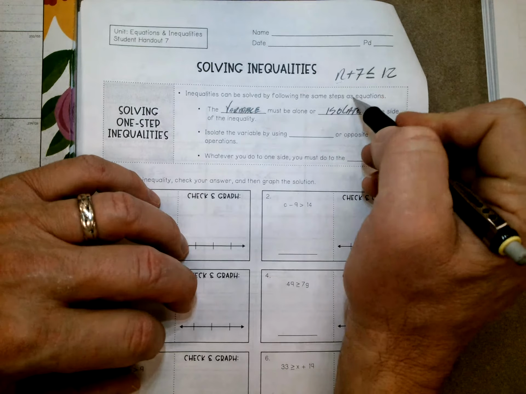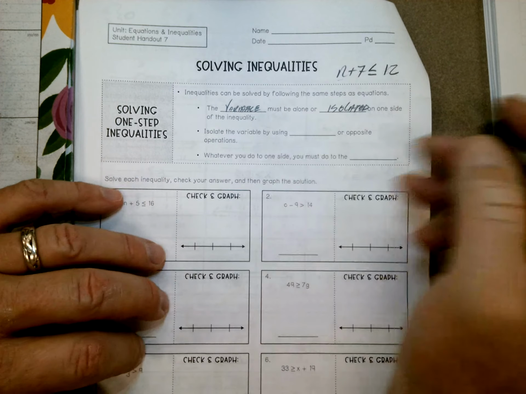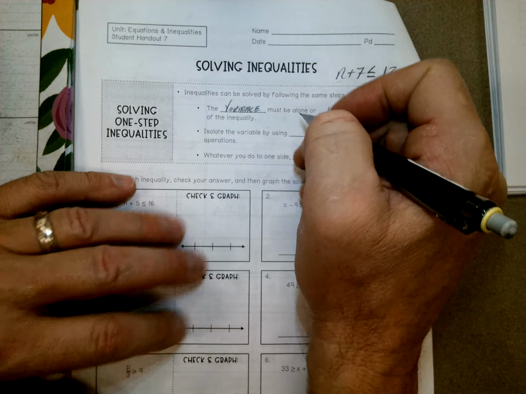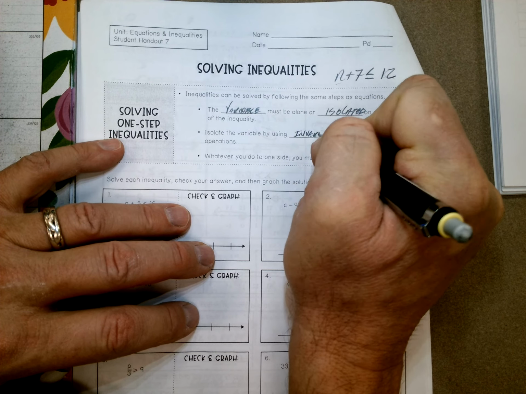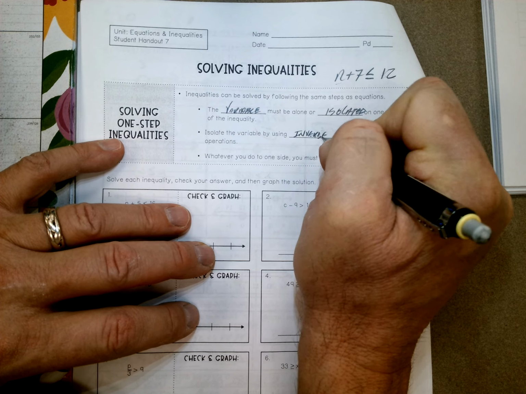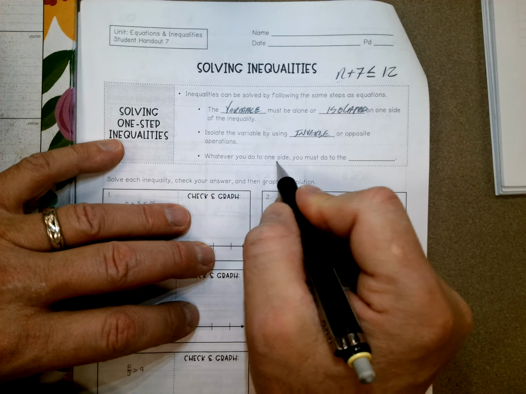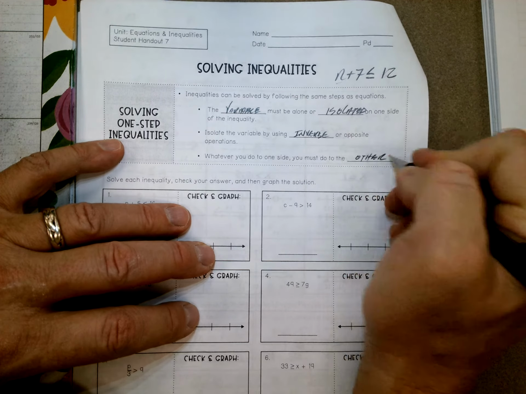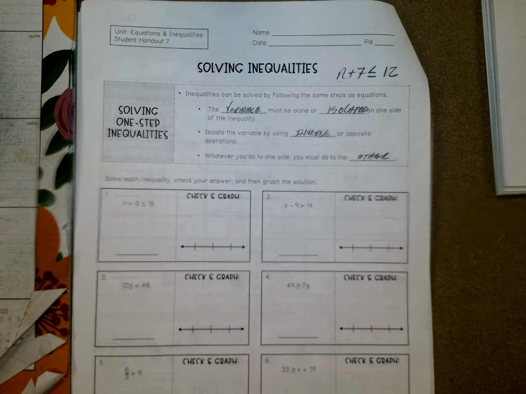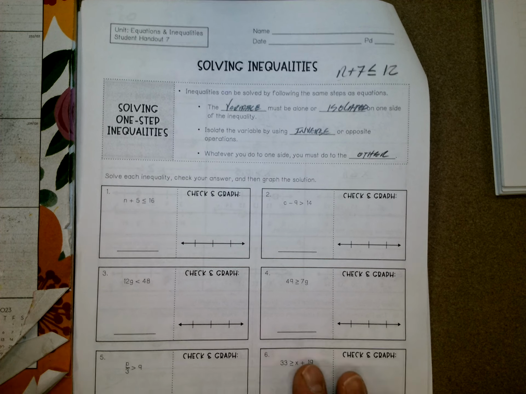So we have to get the variable n over here and all of the numbers over there, all right? Isolate the variable by using the inverse, I-N-V-E-R-S-E, or opposite operation. Whatever you do to one side, you must do to the other side, right? Okay. So, with all that being said, the same rules are going to apply.